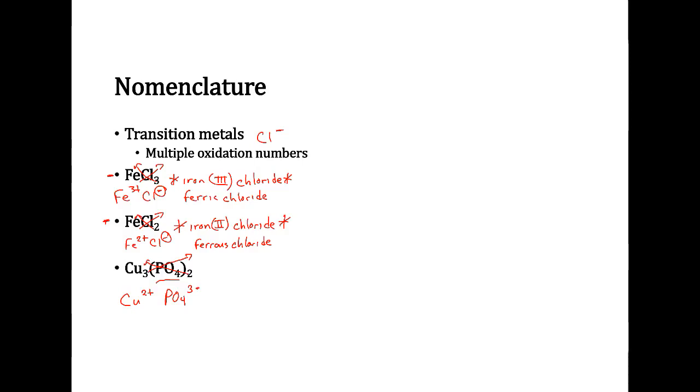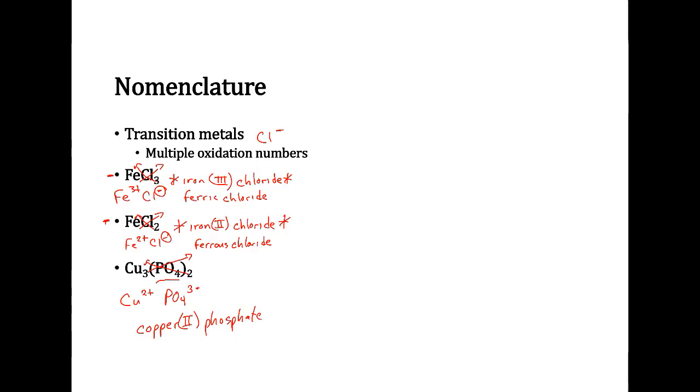So if we consult our table for the polyatomic ions, we would see that phosphate is supposed to have a 3- charge. So we would name this copper(2) phosphate.